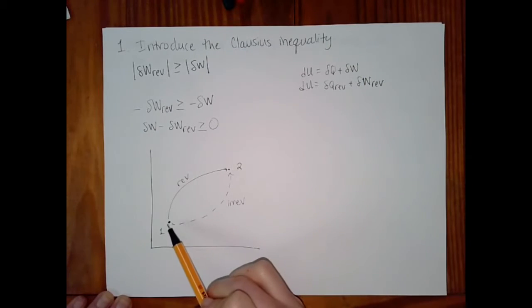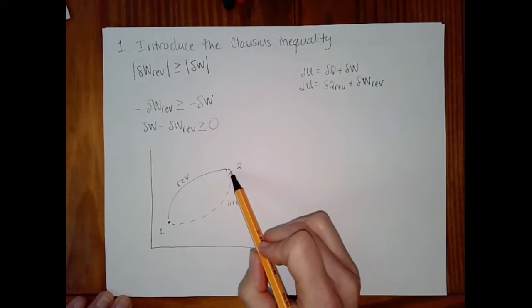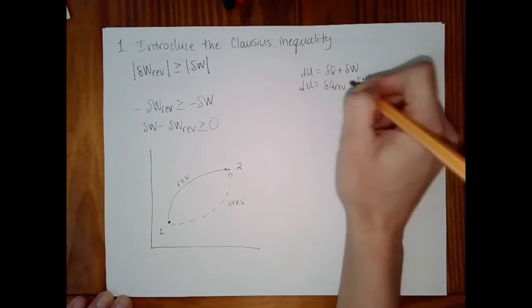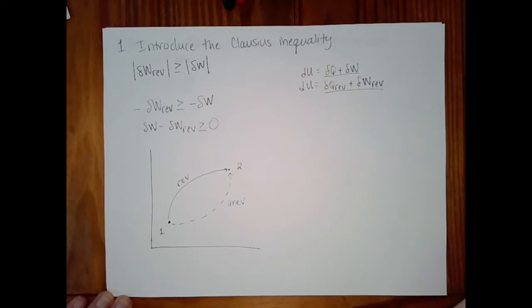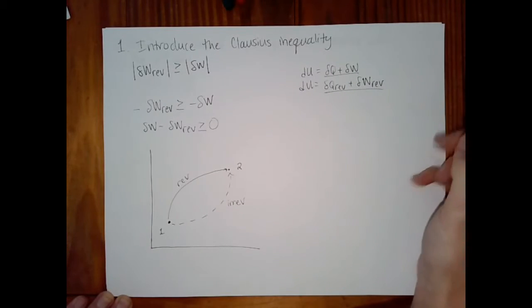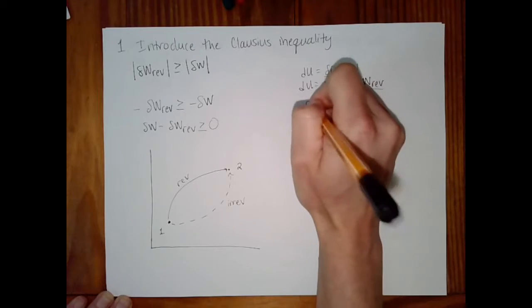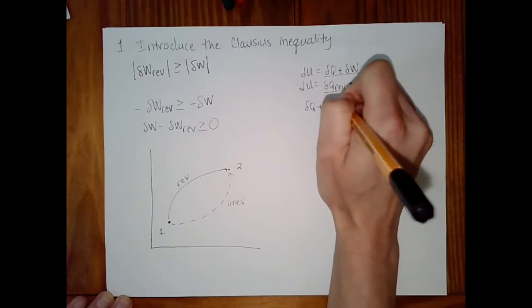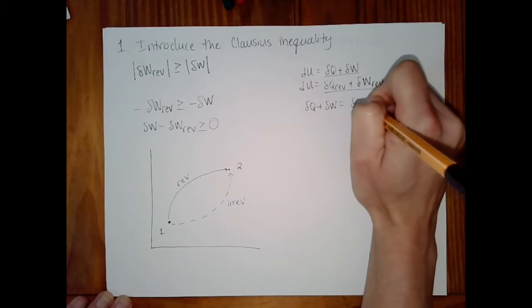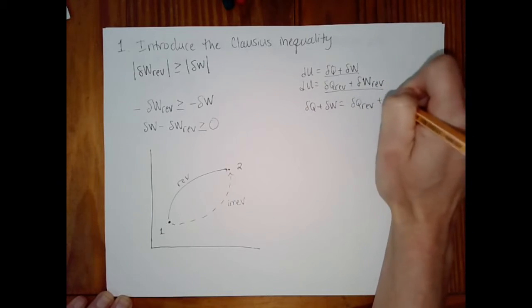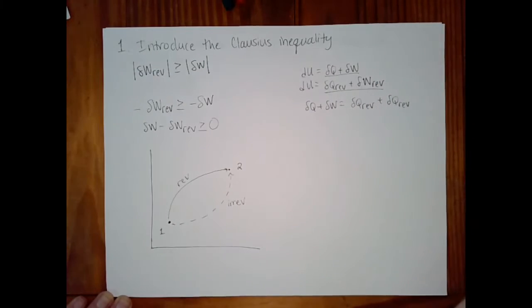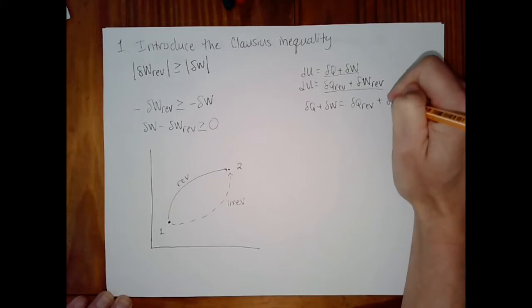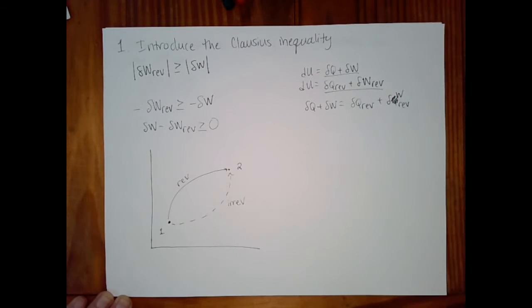And because I'm going between the same initial and final state, these two parts of the equation are equal to each other because the change in internal energy will be equal. So from this, I can write, whoops, that's a W, I can write that equality.